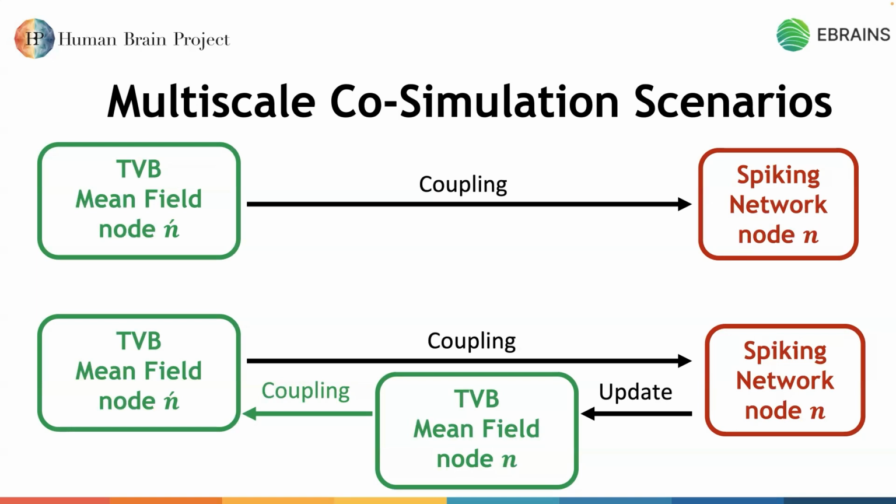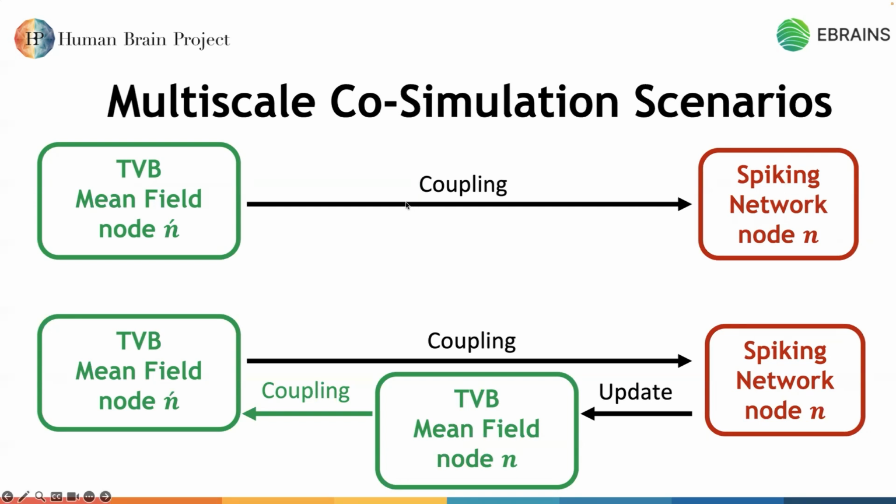We want to place it in the context of the whole brain so that this system receives inputs from the rest of the brain that are spatiotemporally specific, so that inputs from different parts of the brain have different dynamics and, depending on where they're coming from, they're different. So this is the case where we are really interested in one direction, from TVB, creating a context of the whole brain towards a spiking network.